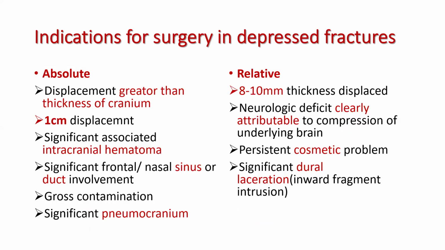So that was an absolute indication for elevating that fracture. Also, if you can measure that displacement and it is more than 10 millimeters, that fracture has got to be elevated surgically. Then if you have a significant associated intracranial hematoma, you have to elevate that.